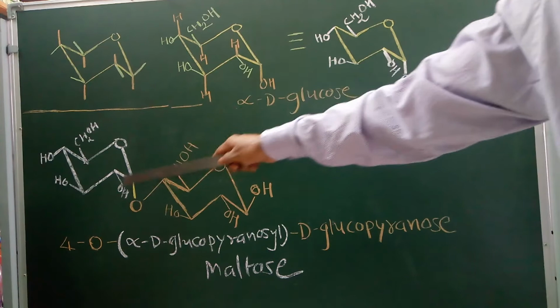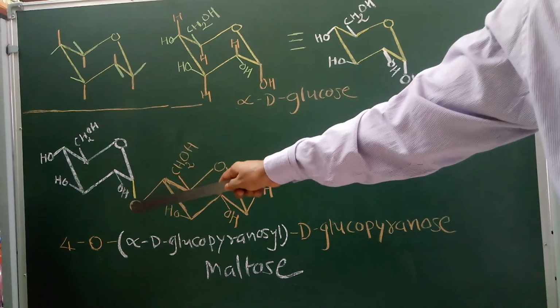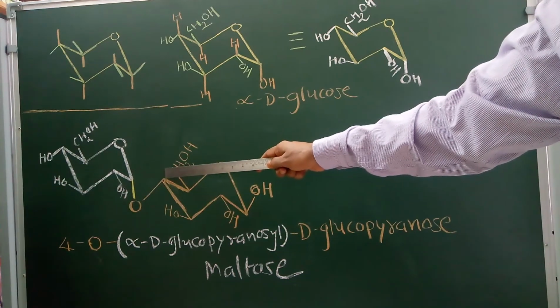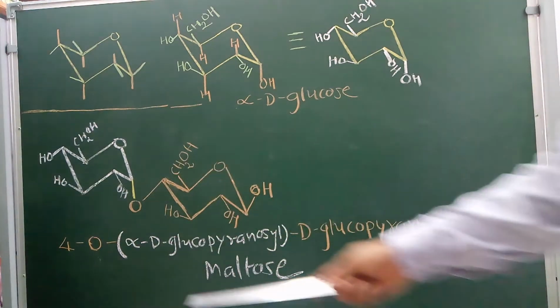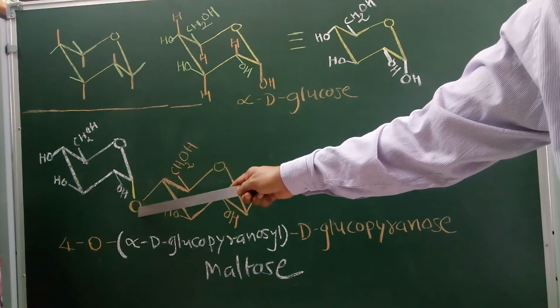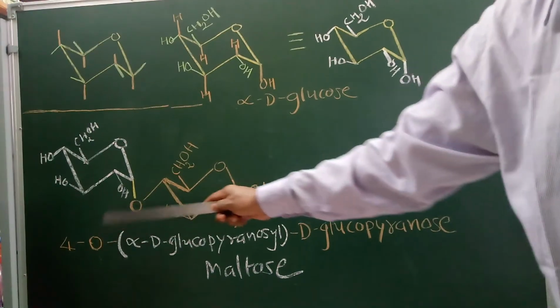If I consider this monosaccharide unit as R, then it is R-O to the position of the first glucose, which is at position number 4. Therefore, I have written 4, and the group R is connected via oxygen. Therefore, it is 4-O.